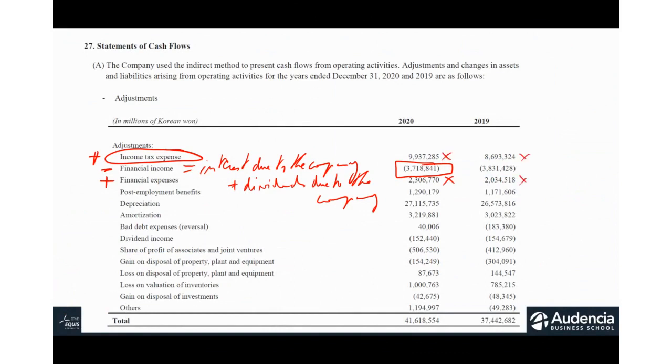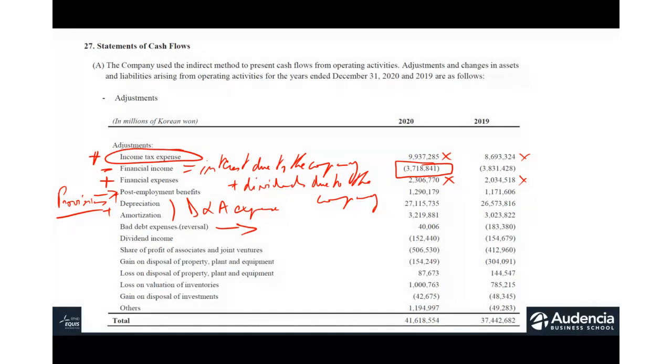Here I have some provisions. I eliminate some provisions. I eliminate the D&A expense. Plus. The bad debt expense, reversal. I eliminate what is used. Bad debt and reversal, the two. So it's plus the bad debt expense or minus the reversal.